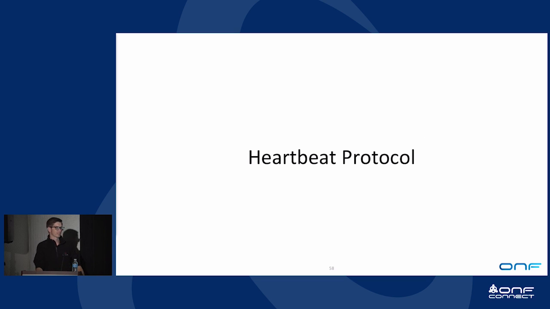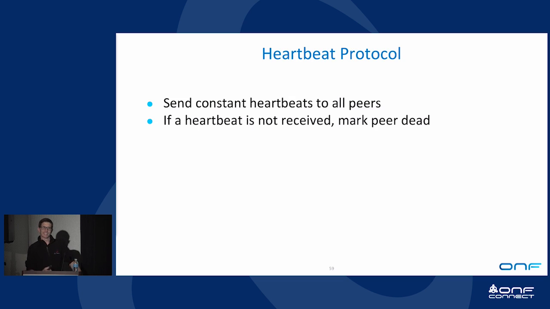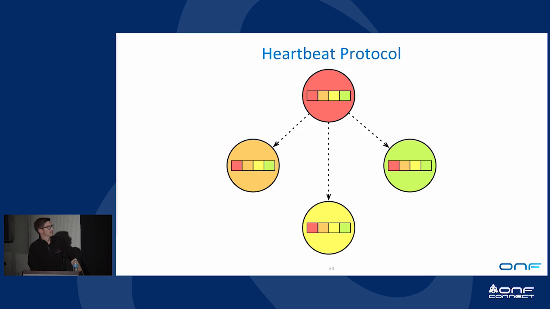So the heartbeat protocol is historically the protocol that was used in ONOS for a long time. The way it works is every node constantly broadcasts their existence to every other node, and failures are detected by using a timer. It looks something like this.